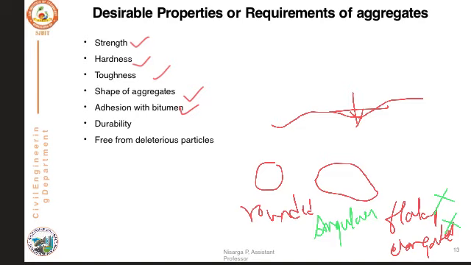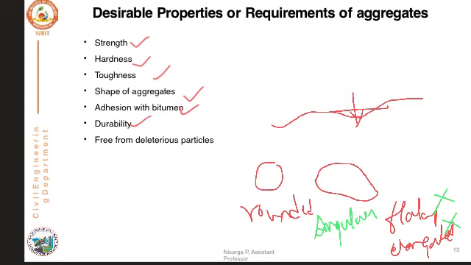If the aggregate doesn't possess sufficient affinity with the bitumen, there are chances that the bitumen may get stripped out of the aggregate, especially in the presence of water. Also, the chemical properties and the surface chemistry of the aggregates play a very important role in the performance of the bituminous mixes.